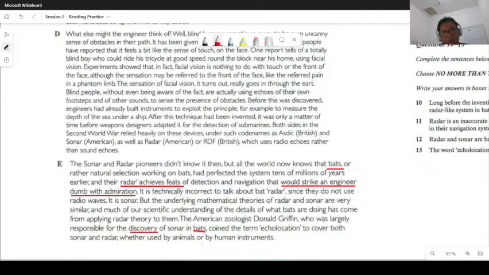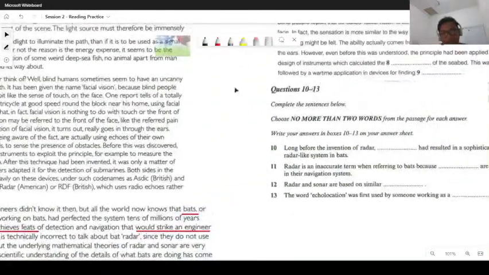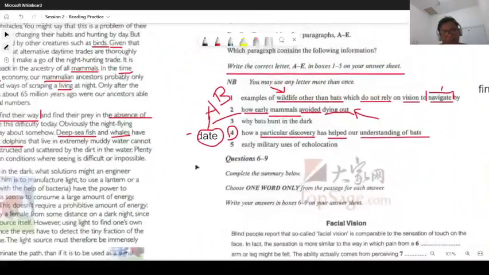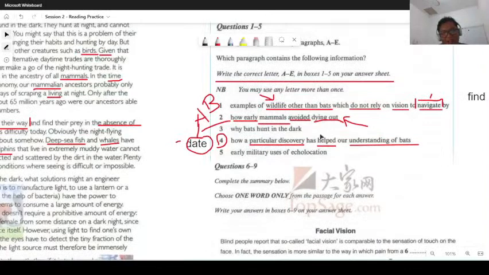We found two keywords in one sentence, and one more is sprinkled throughout the paragraph. It's definitely a help to all the engineers. So, particular discovery, check. Help, check. Understanding of bats, check. So the answer for question number 4 is E. No doubt about that.